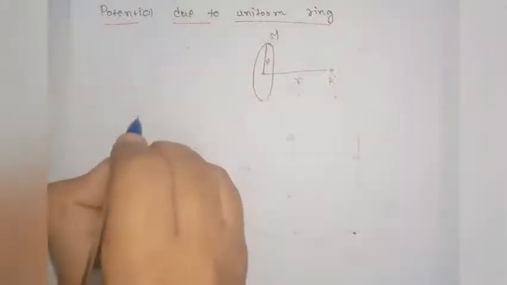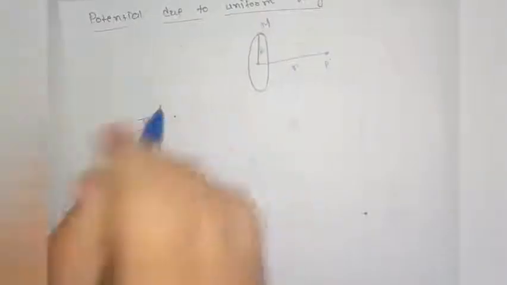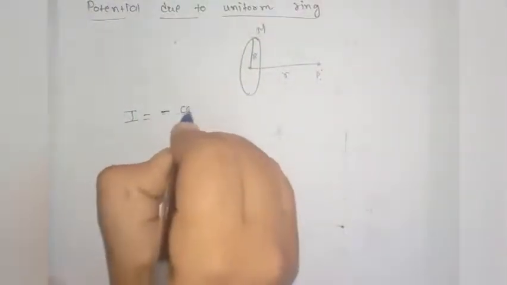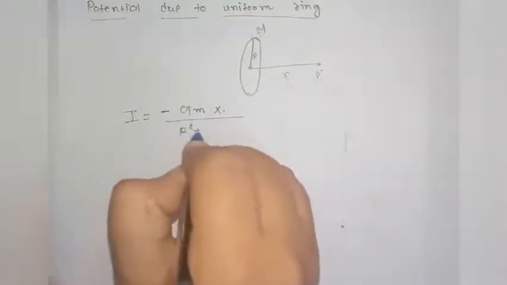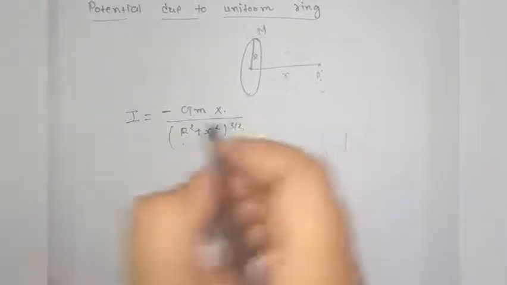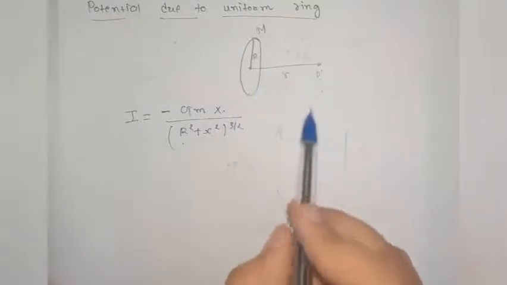The gravitational field on the axis of the ring is given by I equals minus GMx upon r square plus x square whole power 3 by 2, where x is the distance from the center on the axis.